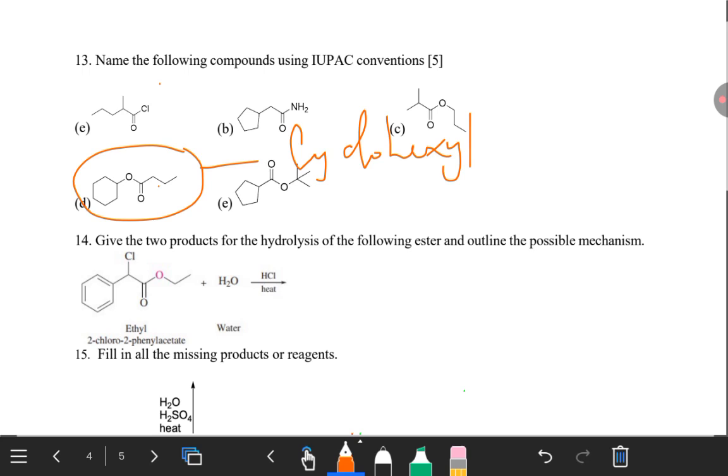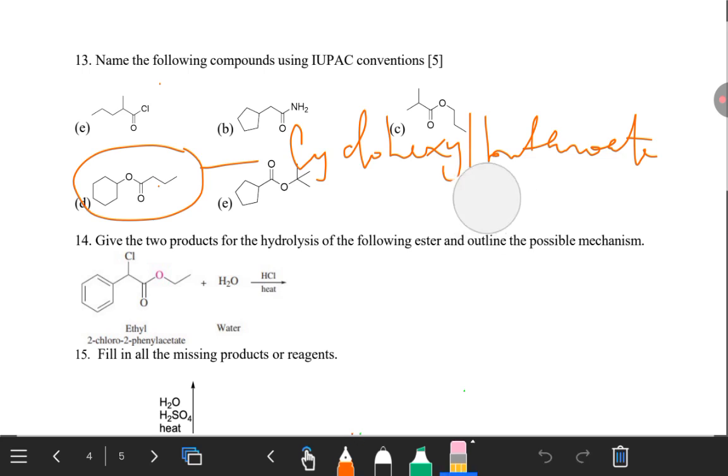Then the parent chain, it is an ester which is butanoate. Okay. Because of butane with an ester group, so we add OH at the end. So it is cyclohexyl butanoate. Okay.